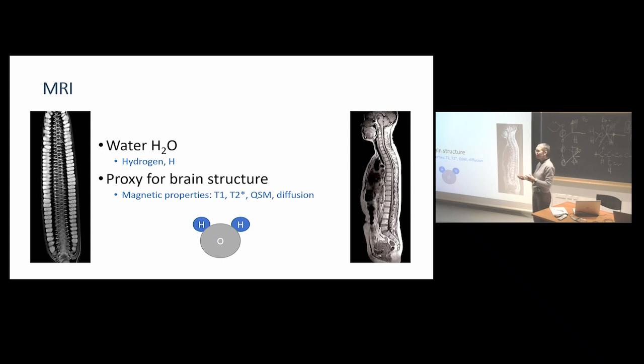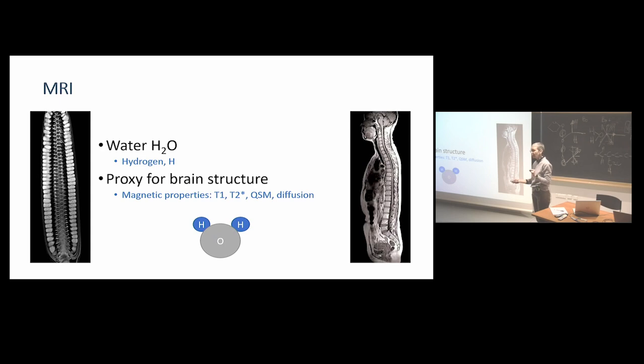And this water, the history of the water, what it's doing inside there and how it interacts with the magnetic field and its own magnetic properties locally in that tissue, that's what determines what our images look like.